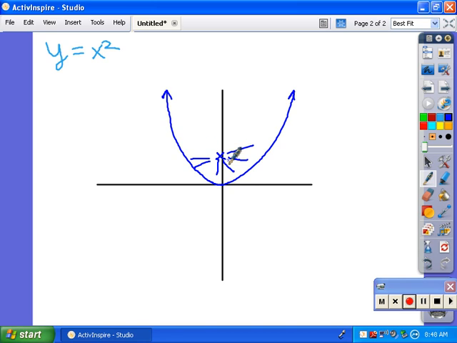A parabola has a property that anything that hits it from this focus point leaves parallel to each other. That's pretty cool. And so that's why your flashlight beam is focused instead of spread out all over everywhere.